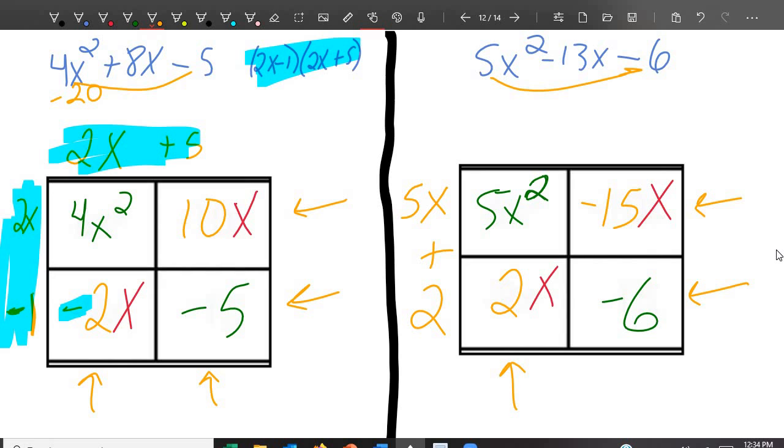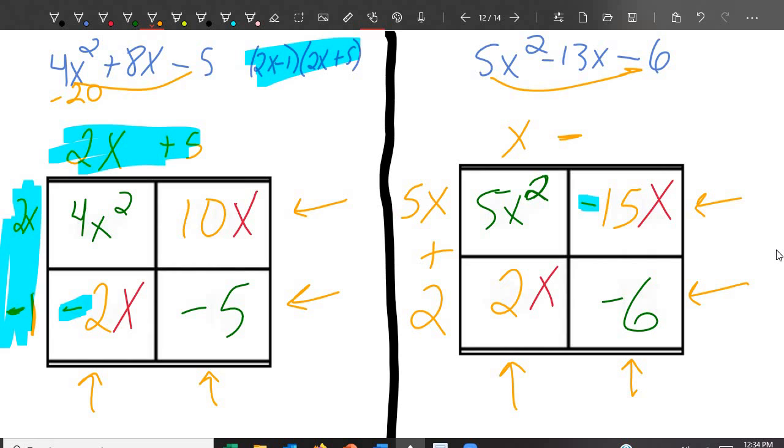Now this column, the only thing they have in common is an x, so we can factor out an x. Now this one, you got to be careful because it's tricky. There's a minus sign here. So when I factor this, my GCF will be a minus. Now 15 and 6 are both divisible by what, 3s?